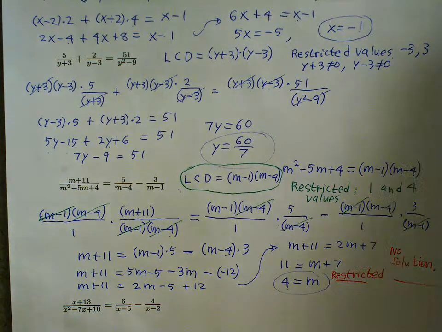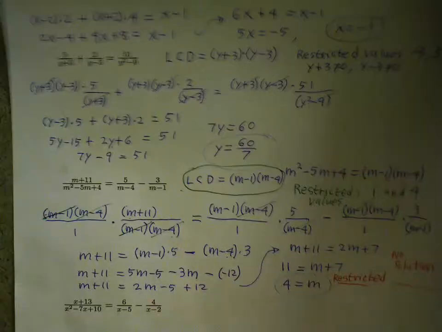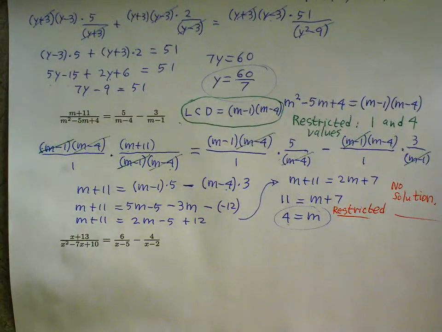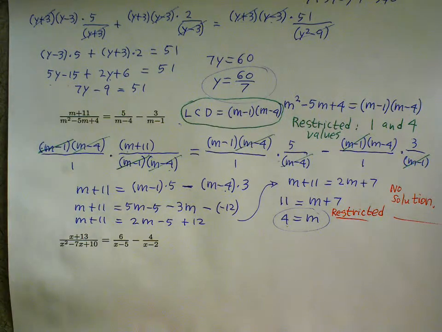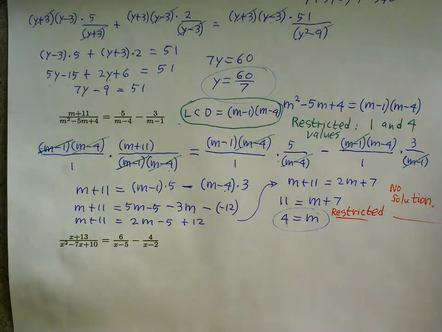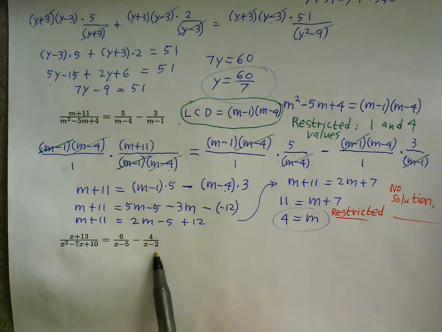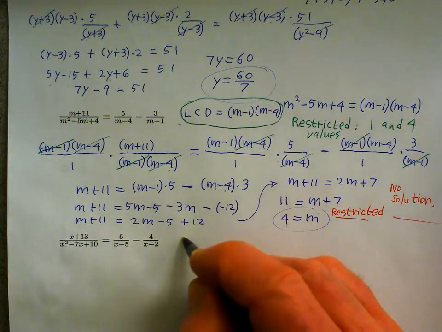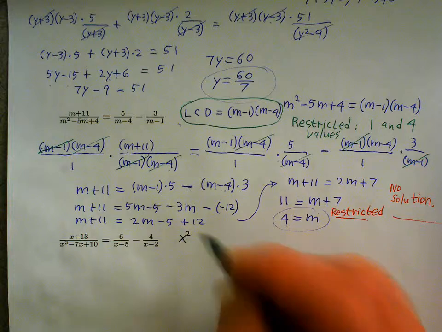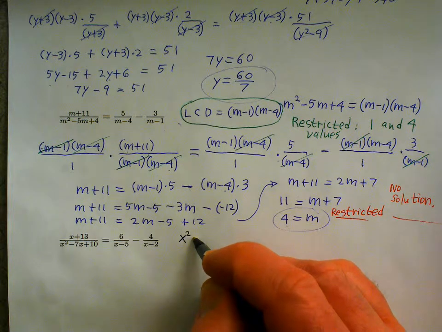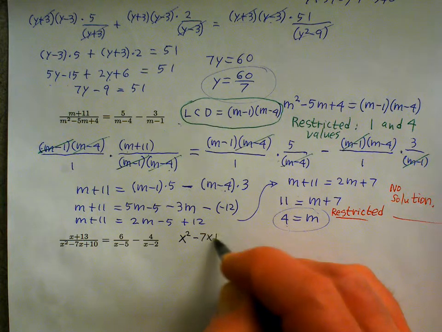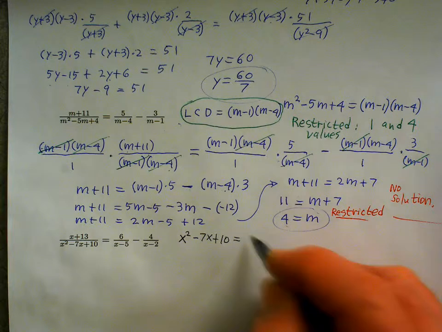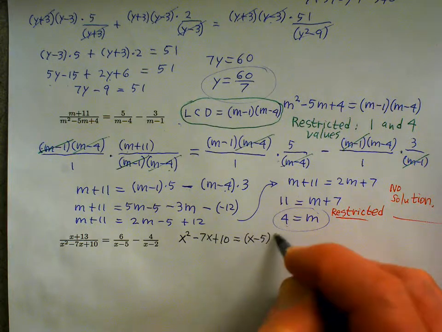Okay, let's try the next example. X plus 13 over x squared minus 7x plus 10 equals 6 over x minus 5 minus 4 over x minus 2. So note that the denominator x squared minus 7x plus 10 in factored form is just x minus 5 times x minus 2.